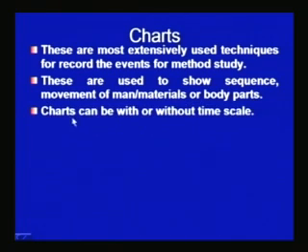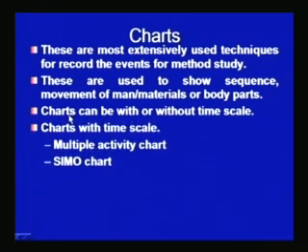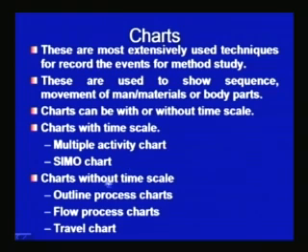The charts can be developed with a time scale or without a time scale. The charts with the time scale are the multiple activity chart and the SIMO chart, and the charts without time scale are the outline process chart known as OPC, the flow process chart known as FPC, and the travel chart.